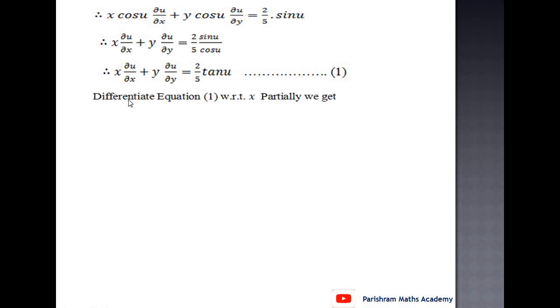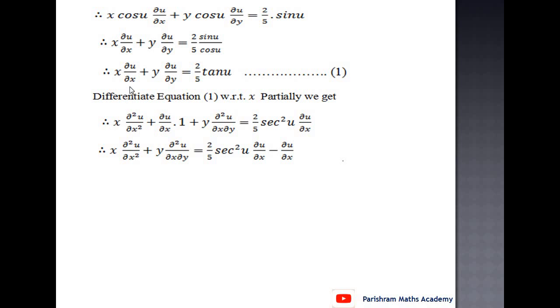Then the second part. To find the solution of the second part, first differentiate equation 1 with respect to x partially. We get, first term x into derivative of ∂u by ∂x is ∂²u by ∂x² plus ∂u by ∂x constant, derivative of x is 1, plus in the second term y constant, derivative of ∂u by ∂y with respect to x is ∂²u by ∂x ∂y, equal to 2 by 5 into derivative of tan of u, which is sec square u into ∂u by ∂x.